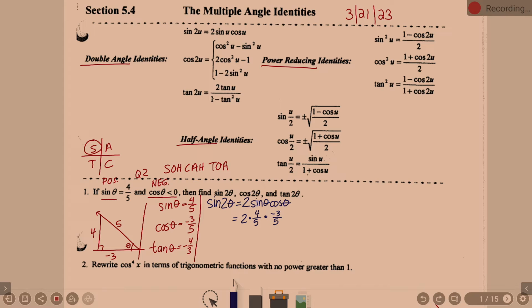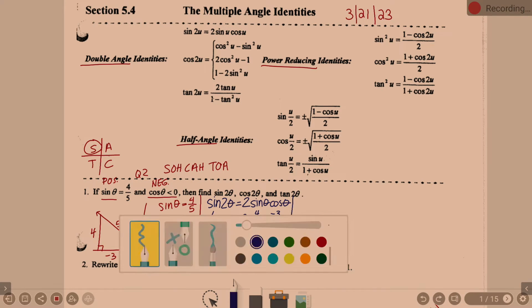What's 2 as a fraction? 2 over 1, if that makes life better. 2 times 4 is 8, times negative 3 is negative 24, over 25. Negative 24 over 25 is our sine of 2 theta. As long as you know sine and cosine, you can find sine of 2 theta using that double angle identity.